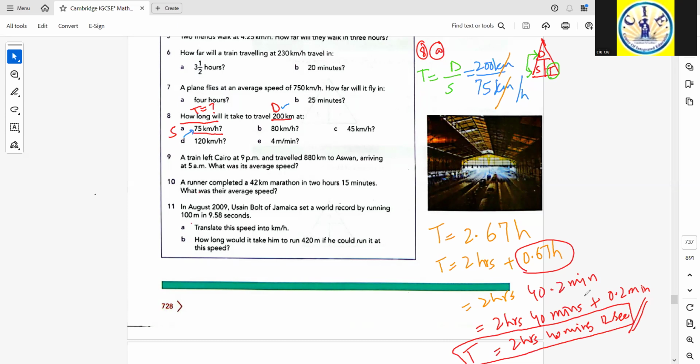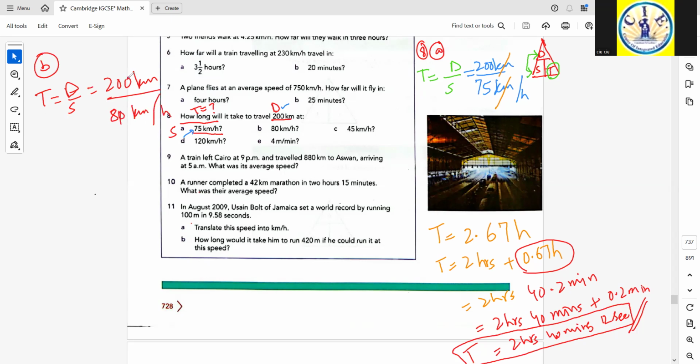Okay, now it's the next part. The only change we need to do is the different value of the speed. That means we need to do 200 kilometers divided by 80 kilometers per hour.